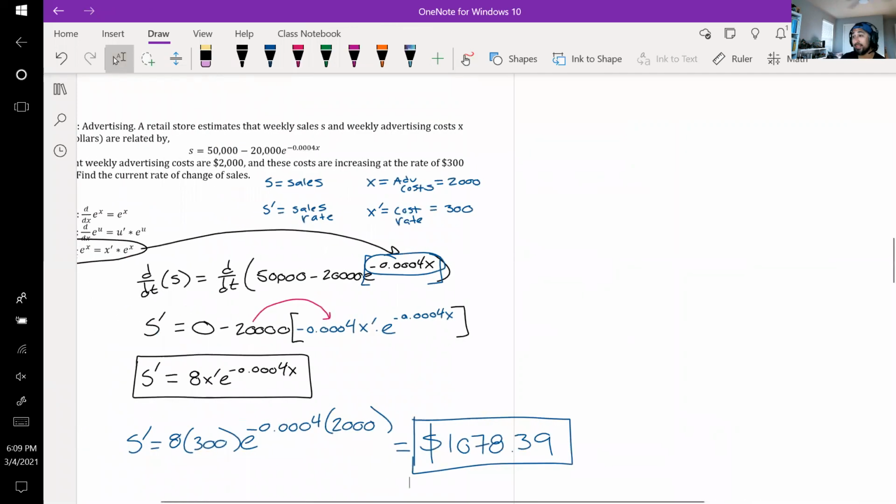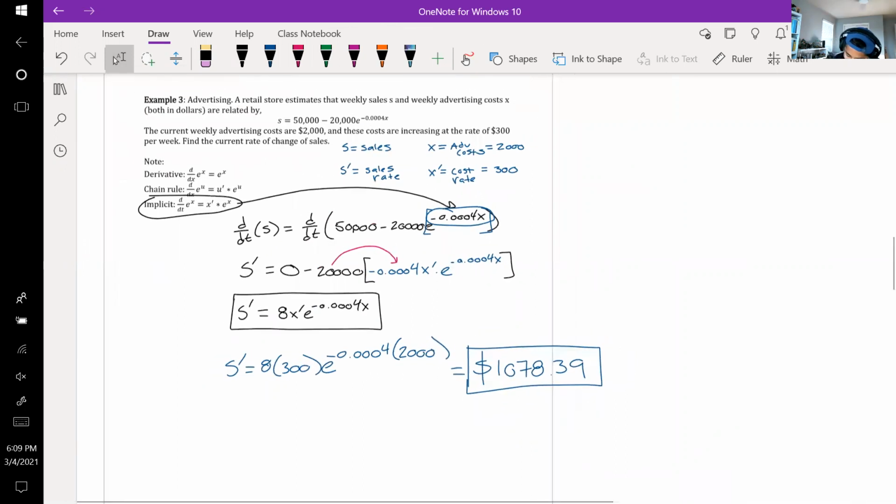Which means, again, is that a positive number? Yes. So this means that if we are advertising correctly, then it would make sense that sales would increase. So this means that sales increase.